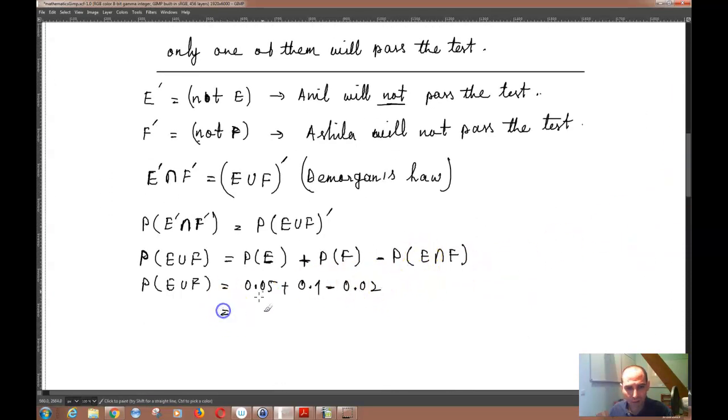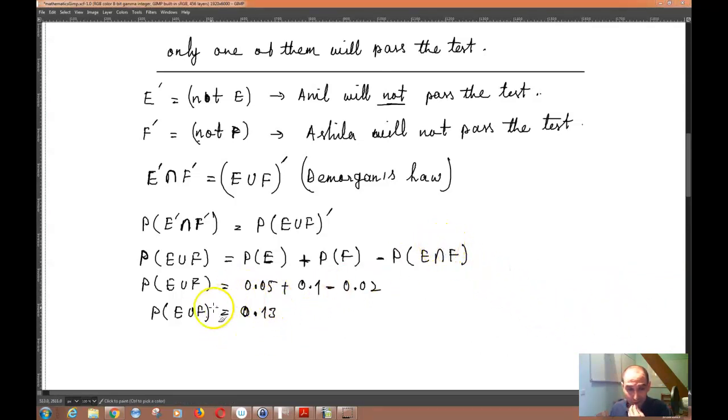That is 0.15 minus 0.02, which is equal to 0.13. That means that P of E union F is equal to 0.13.